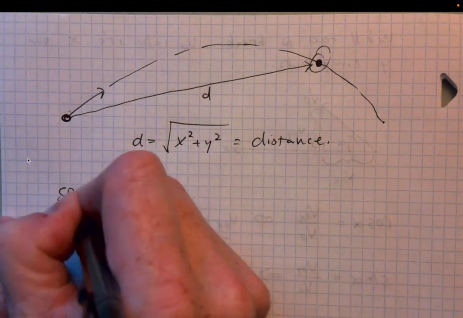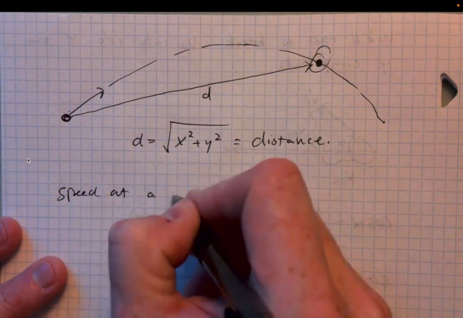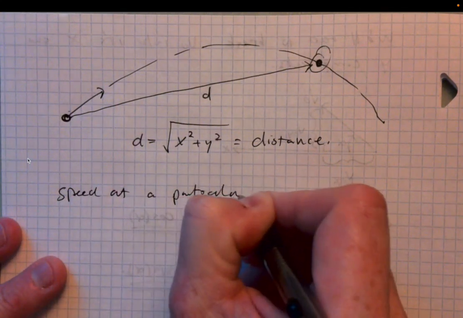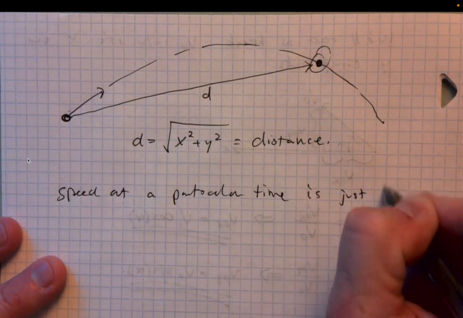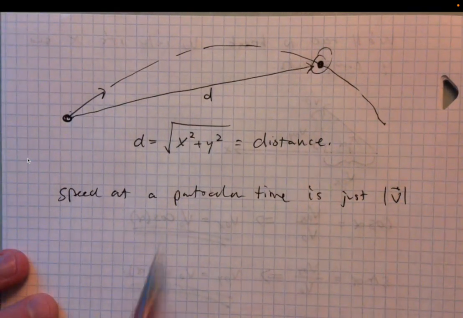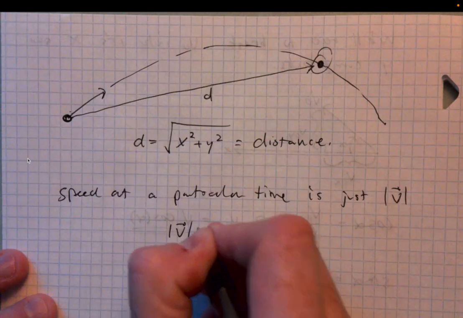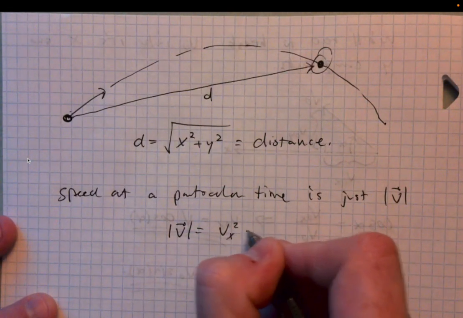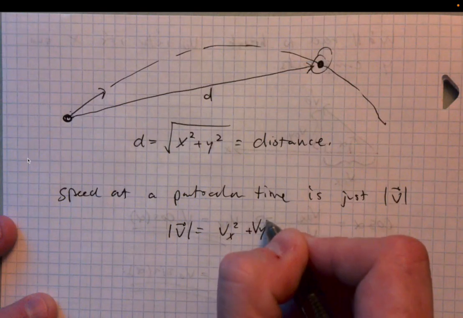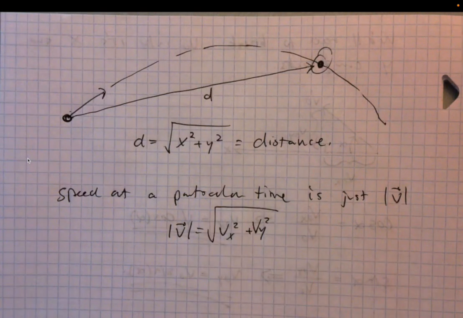So the speed at a particular time is just going to be the magnitude of the velocity vector, right? So we know, of course, that that is equal to the square root of the x component of velocity squared plus the y component of velocity squared. That's the magnitude of the velocity vector, also known as the norm of the velocity vector.